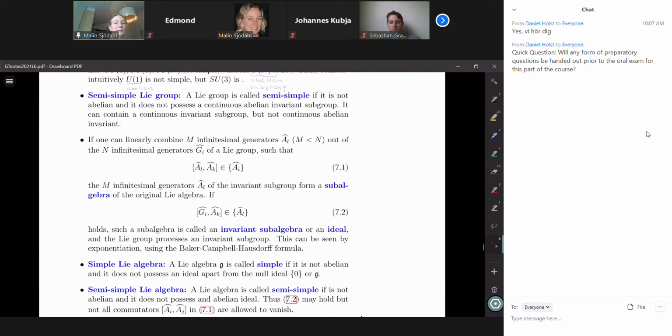At the level of the algebra, if one can linearly combine m infinitesimal generators, with m smaller than the number of generators, so we take m out of n generators, and if the commutator of those generators stays within the set, then they form a sub-algebra that will generate the subgroup.